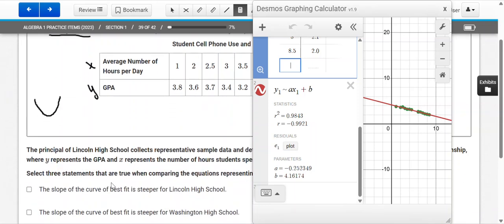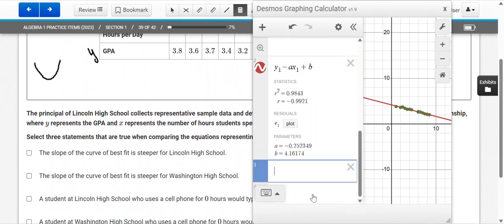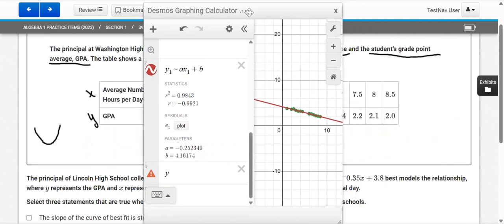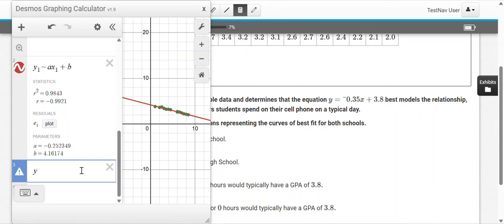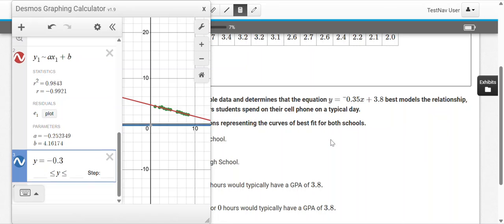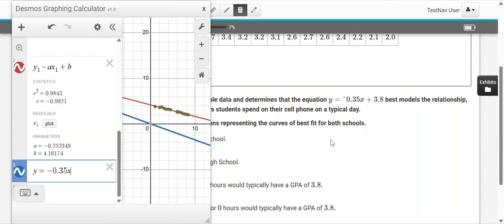And then the principal at Lincoln did everything, but they only tell us that this is the equation he has. So let me go ahead and plug that equation in. There's a negative right there. I wish they wrote it better, but this is how negatives look on your SOL.